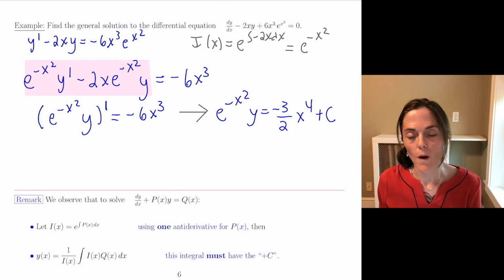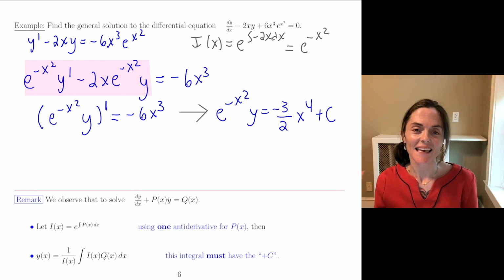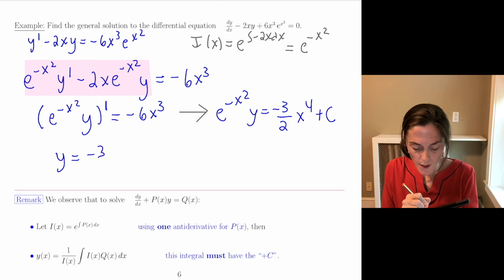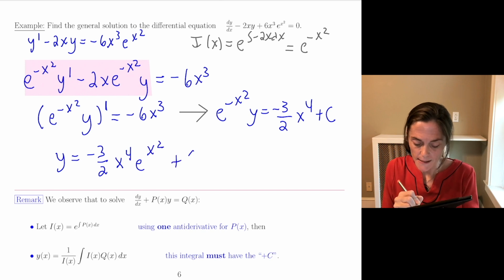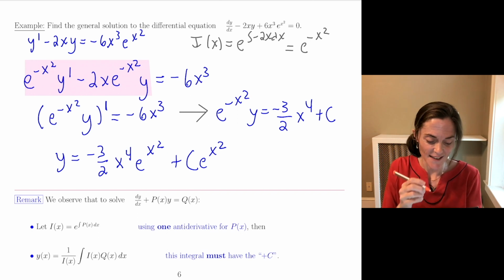Finally, we solve for y, which in this case, we multiply through by e to the x squared. So y equals minus 3 over 2 x to the 4th e to the x squared plus c e to the x squared. General solution.